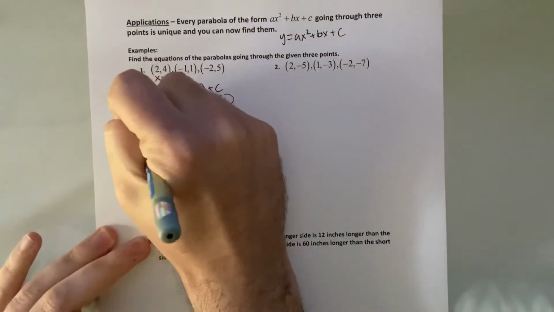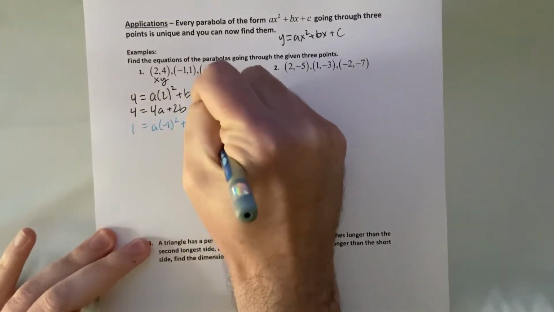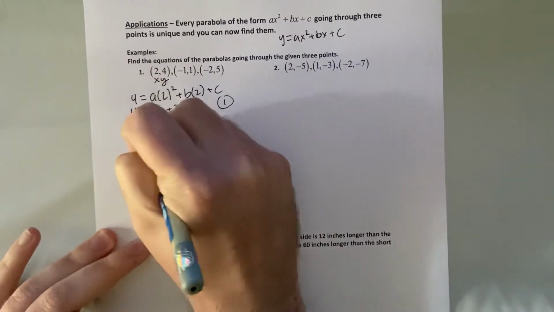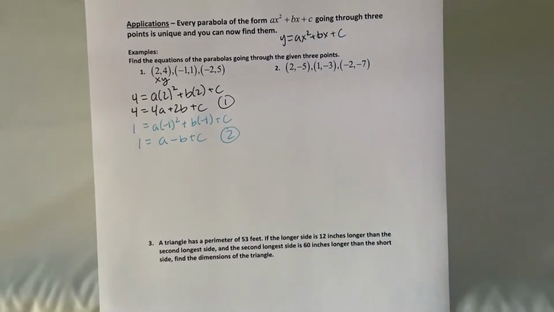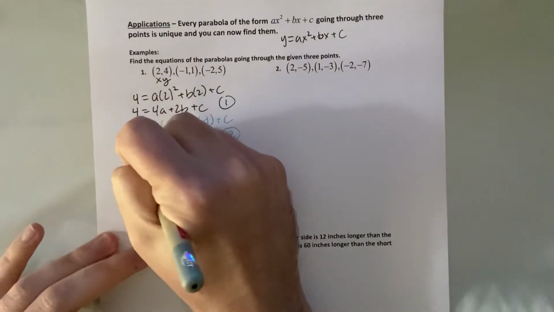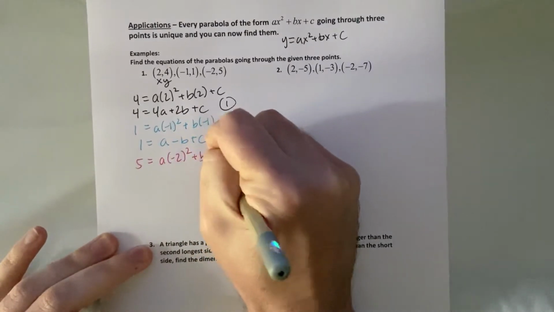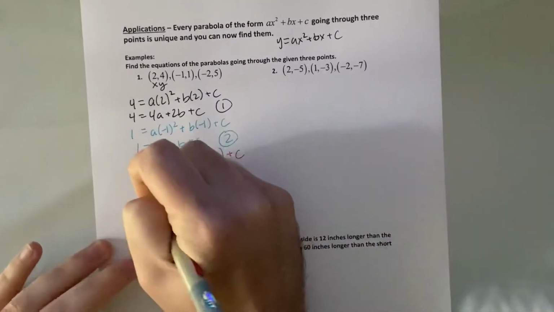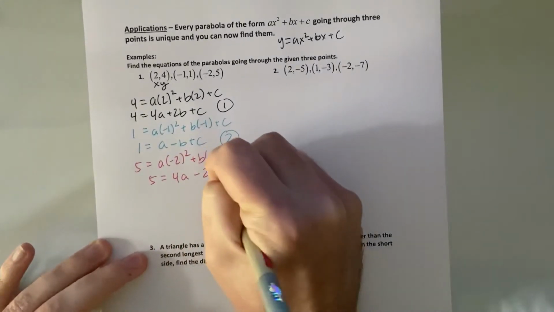So we get 1 equals a times negative 1 squared plus b times negative 1 plus c. Means 1 equals a minus b plus c, which is our equation 2. And do it for the last point as well, negative 2, 5. 5 equals a times negative 2 squared plus b times negative 2 plus c. That is 5 equals 4a minus 2b plus c.